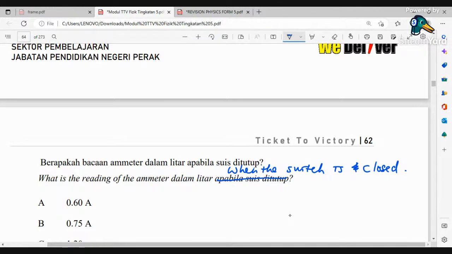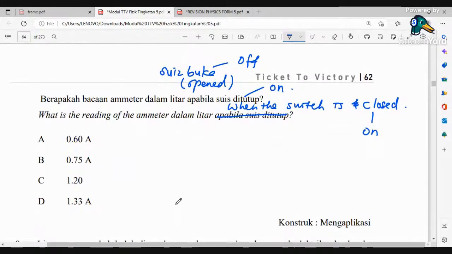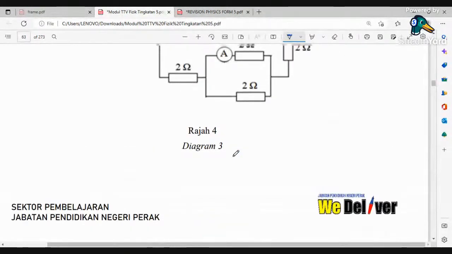Okay, you must understand, ditutup bukan off, ditutup ialah on. Kalau open, switch buka, means off. Sama juga switch buka atau switch open, off. So tutup means close. Close maksudnya on. Okay, kena faham tu ya. So what is the reading of the ammeter when the switch is closed?